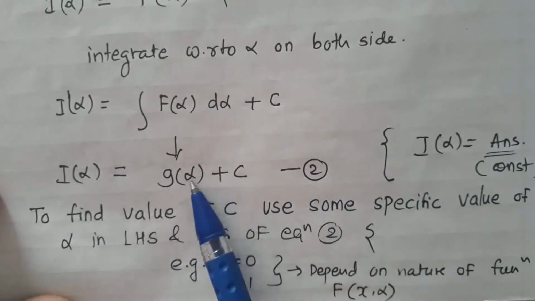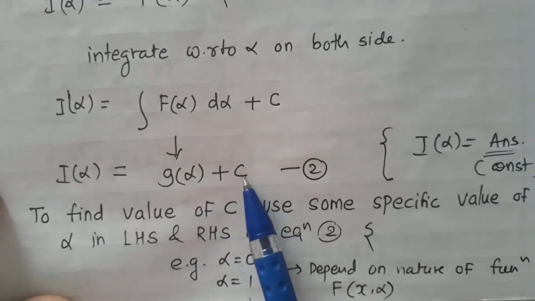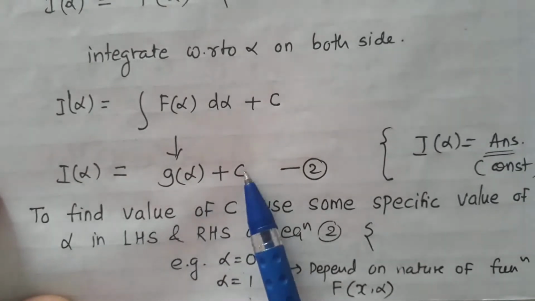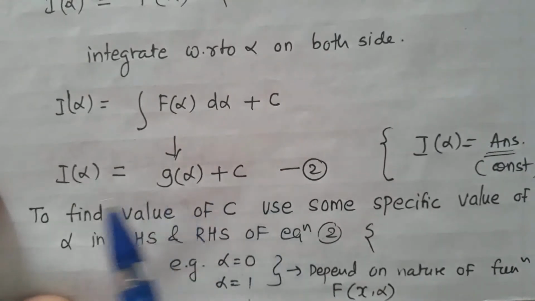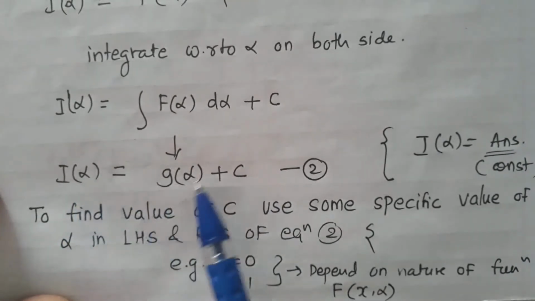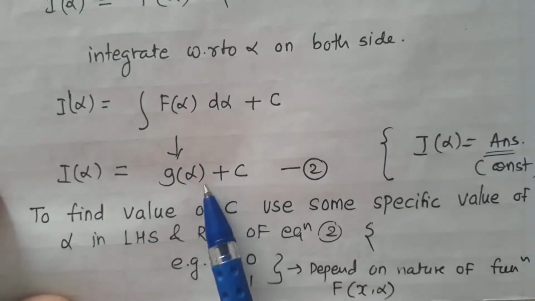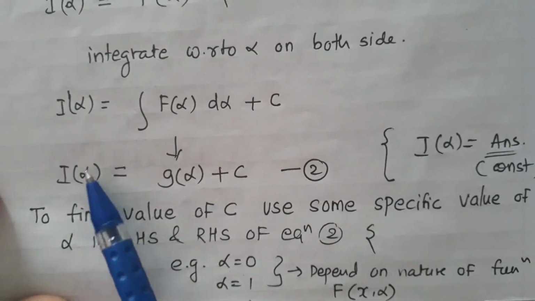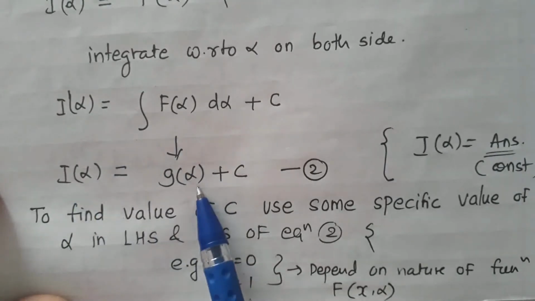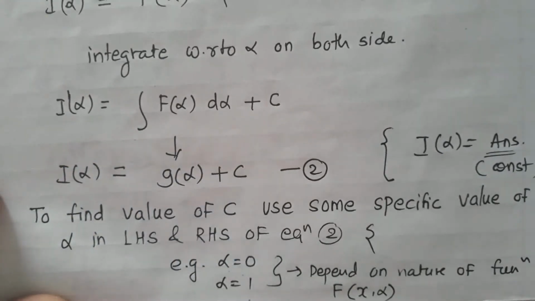G of 0 you can easily find by using this function. So you will get some value of c, and let us put this value of c. You will get the final solution of this integral as I of alpha is equal to some function in alpha. Similarly, suppose your integral is of the form I of a, your solution should be in terms of a. If I of b, then your solution should be in terms of b.